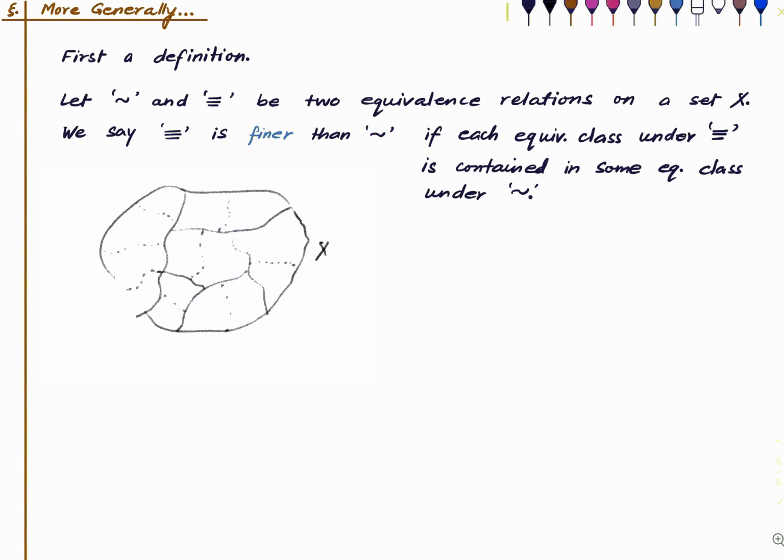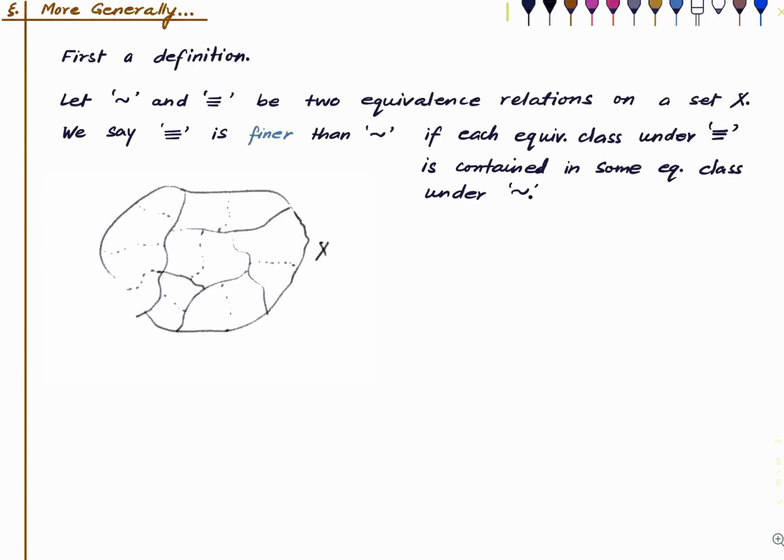And now we can talk about the more general set theoretic quotienting. So the general thing is the following, or let me write here. This will be more or less an exercise for you.